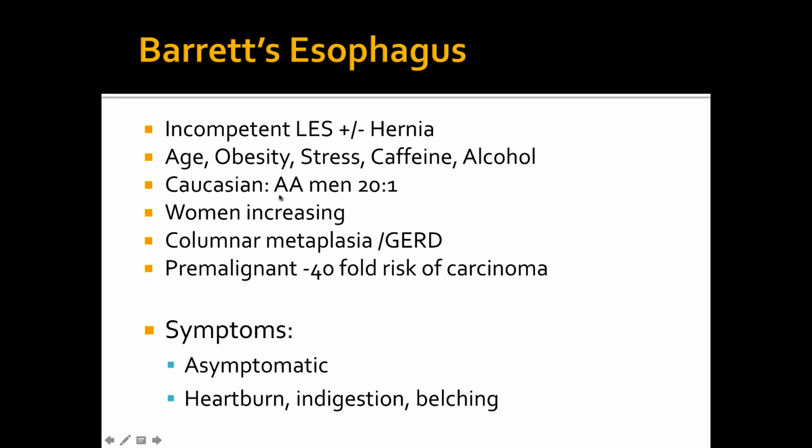It's more common in Caucasians than African Americans, and more males than females. Barrett's esophagus is basically columnar metaplasia from your squamous epithelium, and is considered a premalignant condition because it increases the risk of adenocarcinoma by 40-fold.